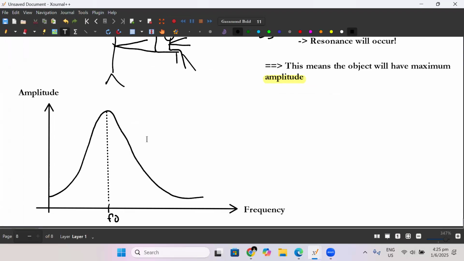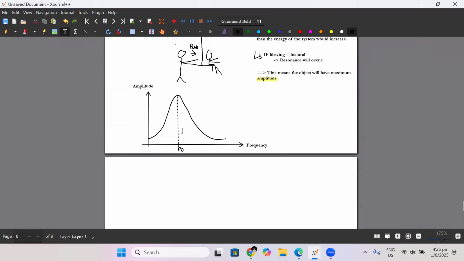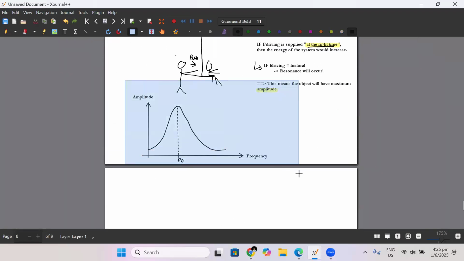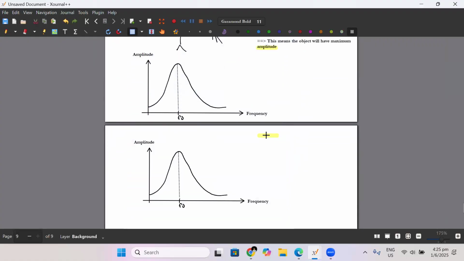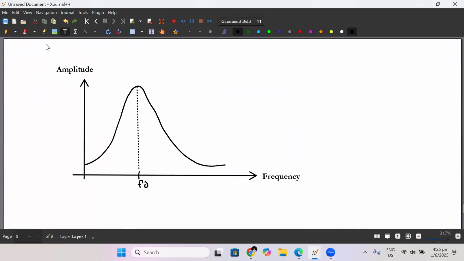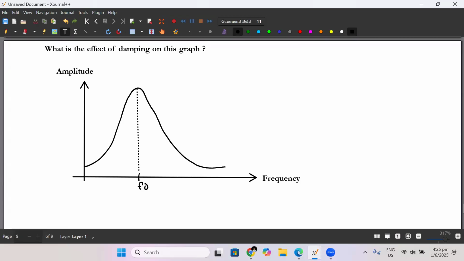Then actually your syllabus expects you to know one more thing. So let's draw this. What is the effect of damping on this graph? Let's try to build the intuition for this. Why do we care about the effect of damping?